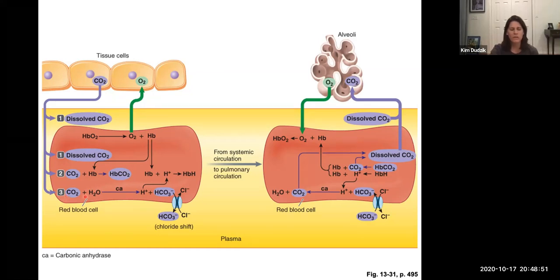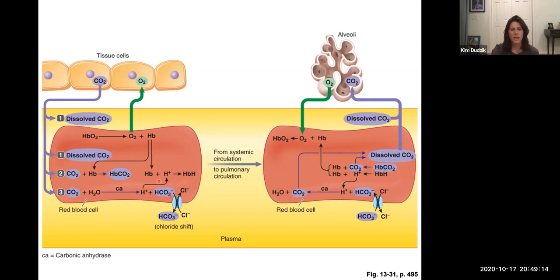But the most common pathway is for CO2, once it enters the red blood cell, to react with water with the help of an enzyme called carbonic anhydrase. See that down here at the bottom. That facilitates the reaction between carbon dioxide and water and makes carbonic acid, which will dissociate.